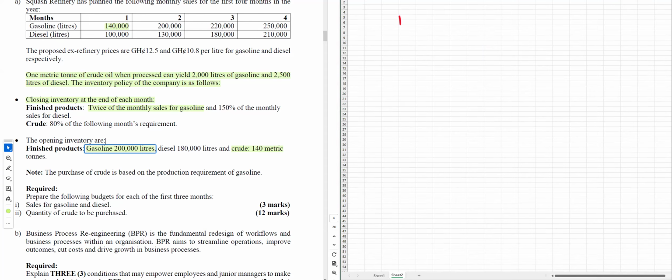If 1 ton gave us 2,000 liters, then the 220,000 liters that I have for month 1 will give us how many tons?